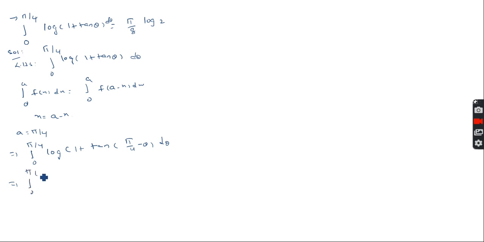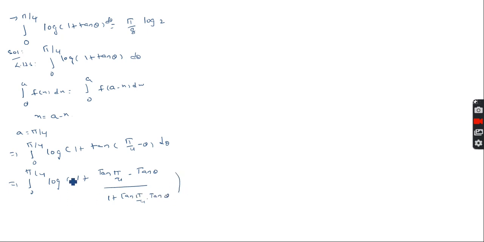This form is tan of a minus b. What is the formula for tan a minus b? Tan a minus tan b by 1 plus tan a into tan b.